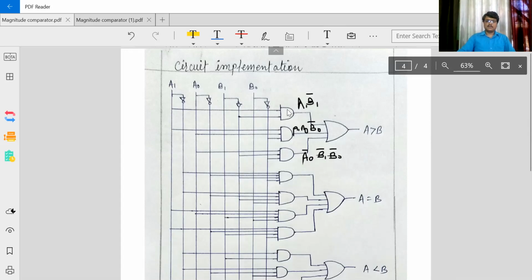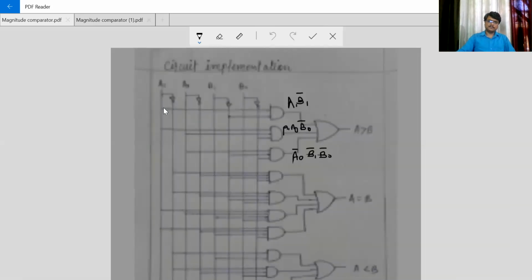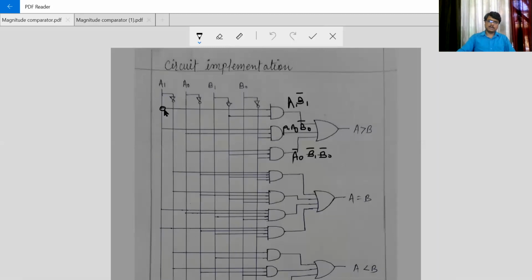So to connect all these things is very simple. The input of the AND gate is A1, so connect it directly from here. And another one is B1 bar. So B1 is this, B1 bar is this, so connect the second input from here directly. The output of this AND gate will be A1 B1 bar.